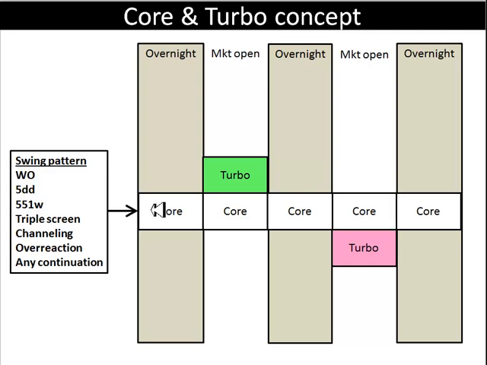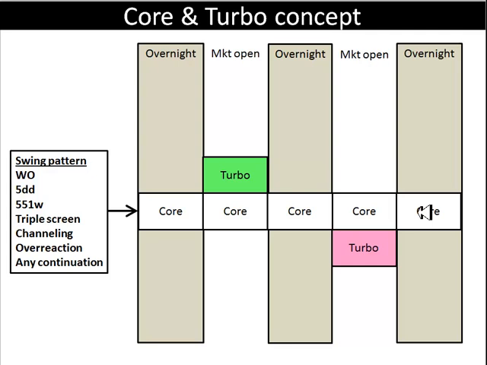So we can keep playing this core overnight holding for as long as the swing trade pattern is open and the stop hasn't been hit, and then intraday, by reading market behavior and sector behavior and target behavior, we may be able to add to that position with a turbo intraday, knowing that at some point during the day we're going to cash that and revert just to the overnight core position, which is justified by the swing trade pattern.